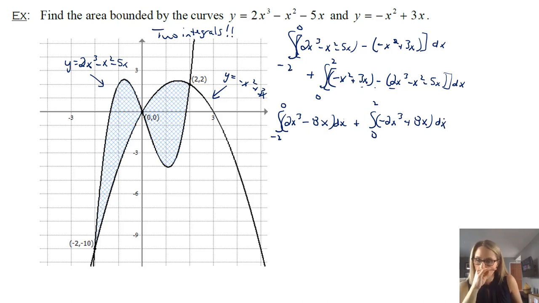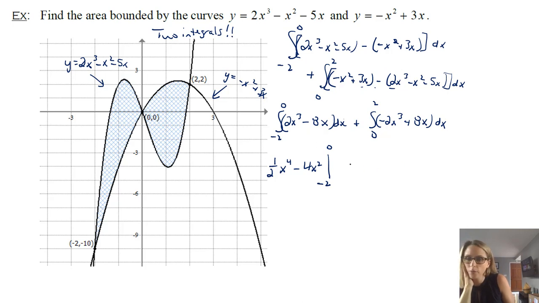Opposite only by a negative, and then of course different limits of integration, which are going to give you different values here. But at this point, now all we have to do is just integrate and evaluate, and we'll be done. So now we have 1 half x to the 4th minus 4x squared, integrating from -2 to 0.